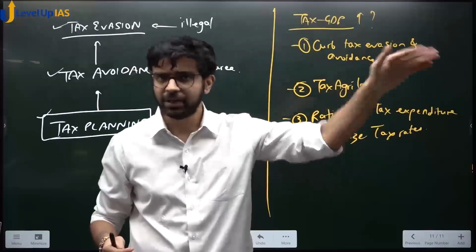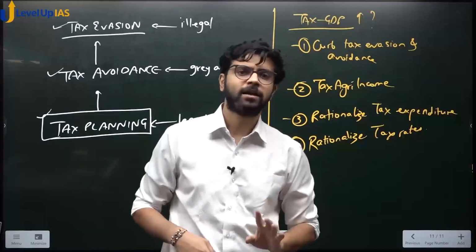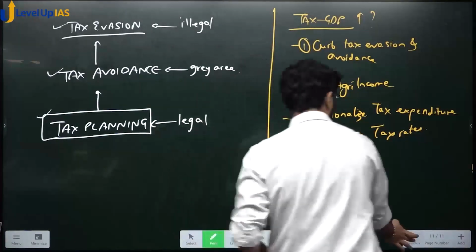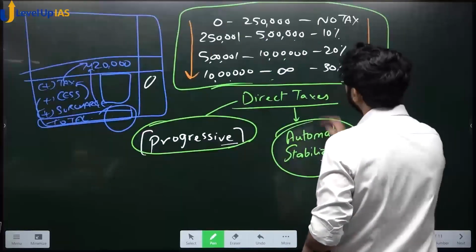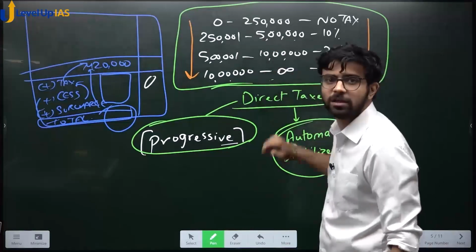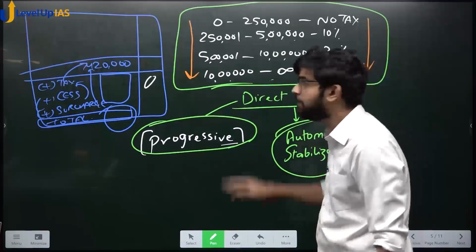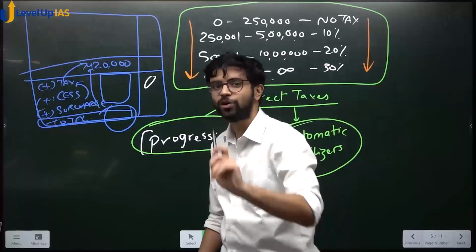Evasion hoga, that is something entirely different. But are you liable? I will tell you one very good example. What is the limit of no tax? 2,50,000. Tomorrow, if I do this 0 to 1 lakh, what has happened? People earning more than 1 lakh up to 2,50,000 are now in the tax bracket, yes or no?